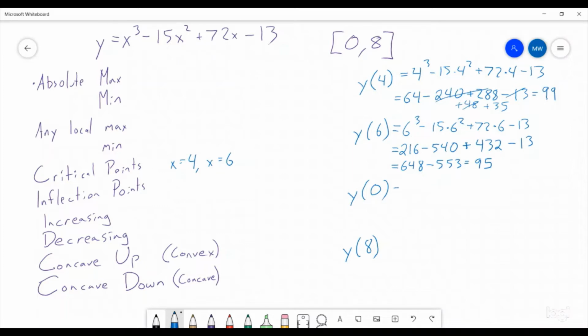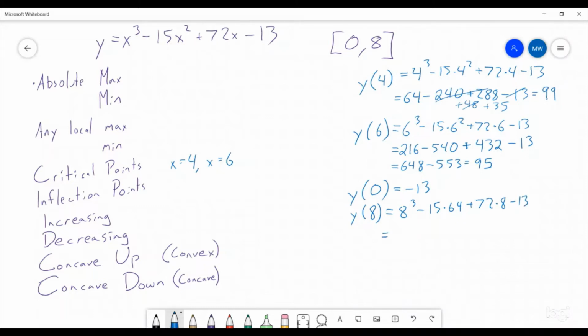y of 0, plug in 0 everywhere, we just get minus 13. And then y of 8, that'll be a little bit harder. y of 8 is 8 cubed minus 15 times 64 plus 72 times 8 minus 13.